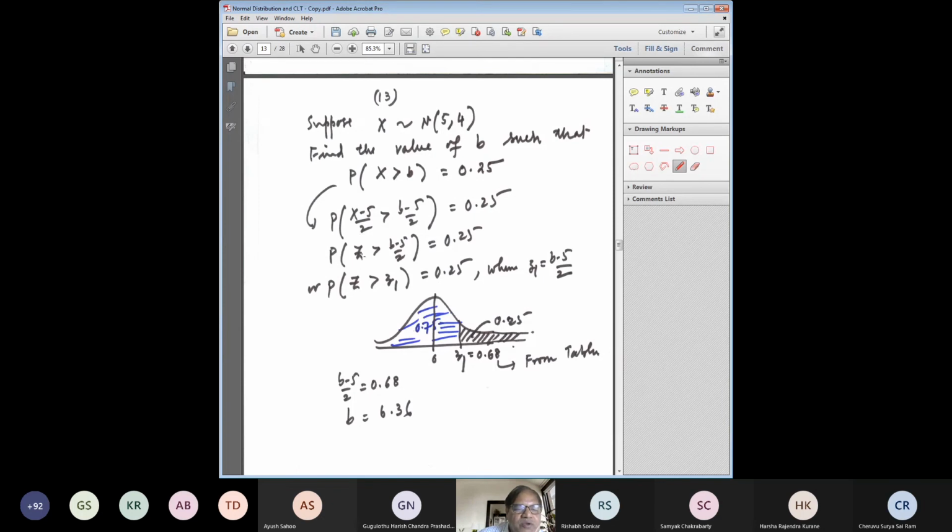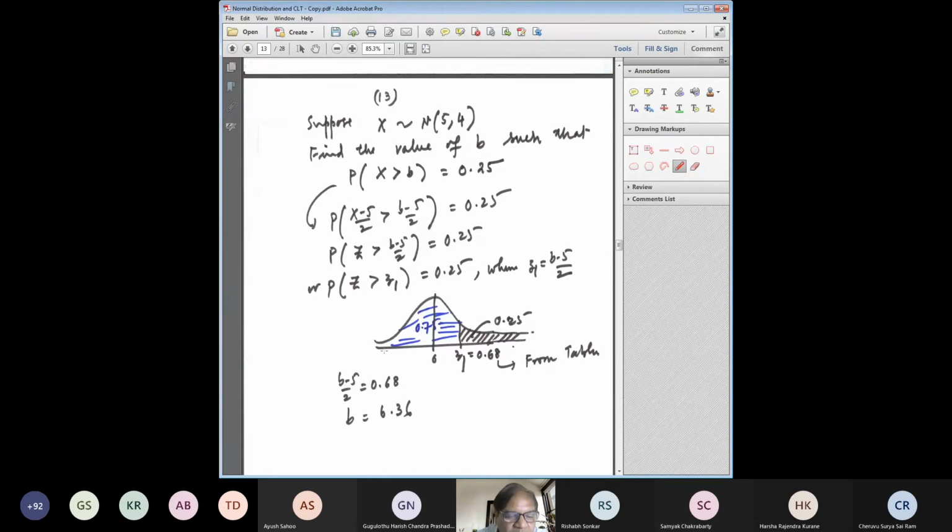So what do you do? You convert this. (x minus 5) by 2, because here sigma is 2 and mu is 5, and this point becomes (b minus 5) by 2. This becomes z, and this new point, (b minus 5) by 2, I represent by z1. So ultimately you converted the original problem into the standard normal, where probability z greater than z1 is 0.25.